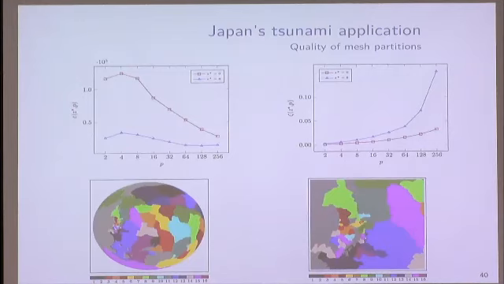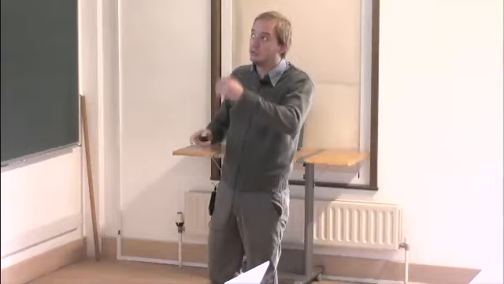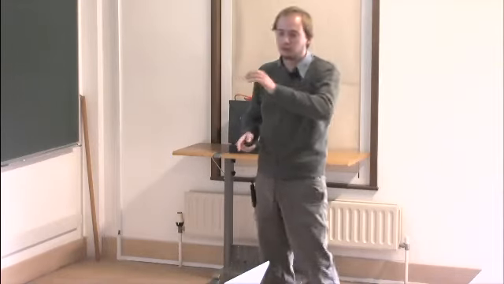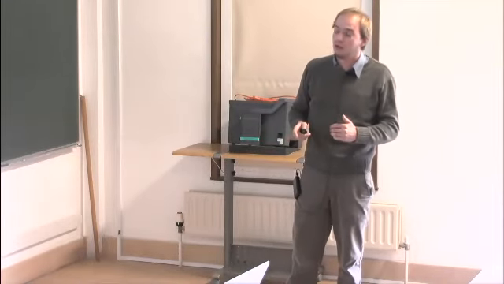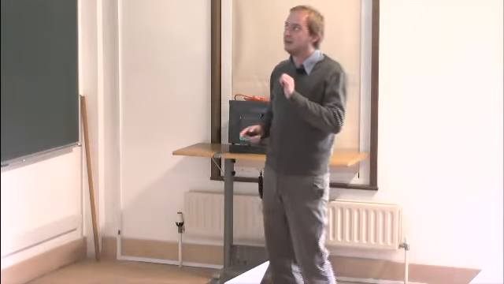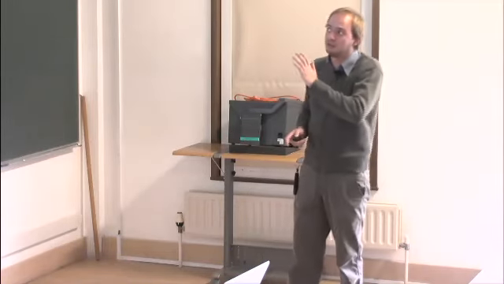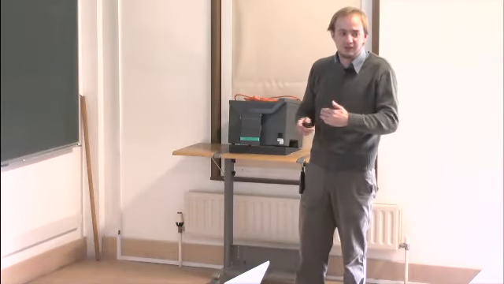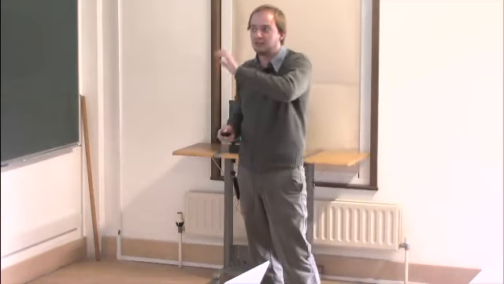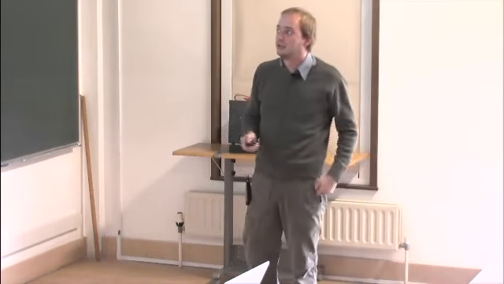You see clearly that the total communication volume is a lot lower for multi-rate, but the communication to computation ratio is much higher for the multi-rate case than for the single rate case, because even if the communication is lower, the ratio is very high.